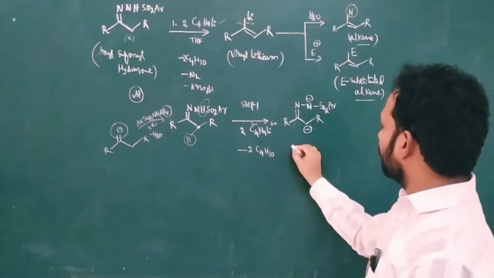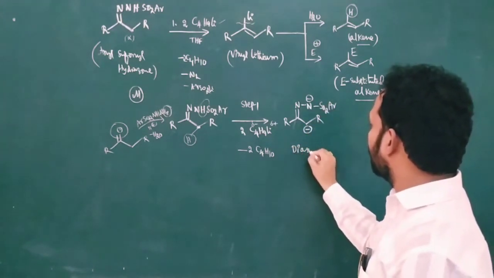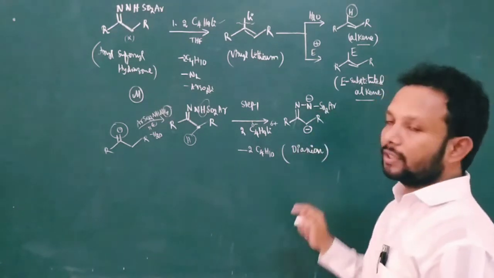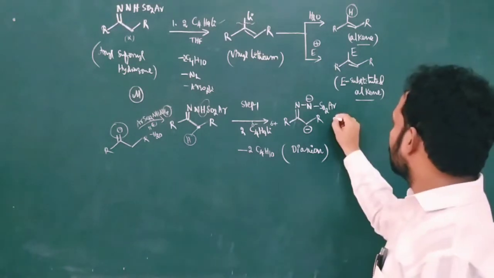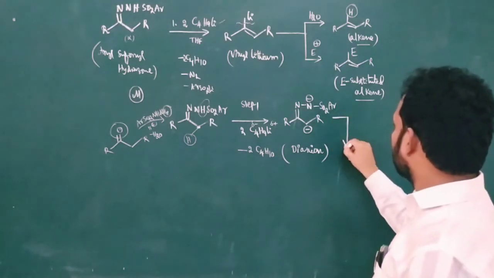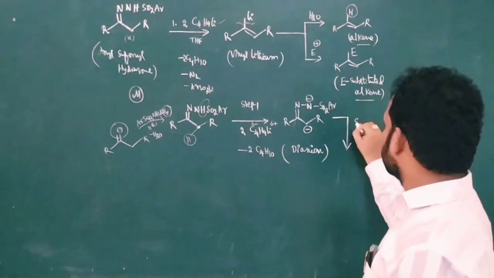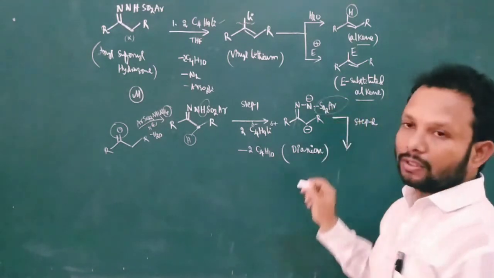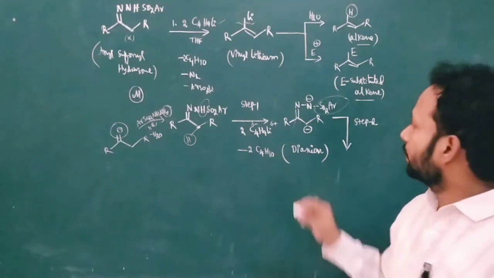This dianion lithium salt is further involved in step 2. In step 2, there is loss of the aryl sulfonyl group. It is a very good leaving group, so it can be removed from the dianion.